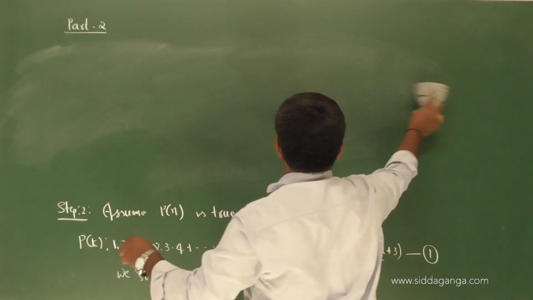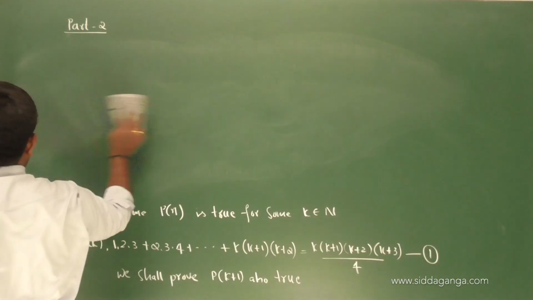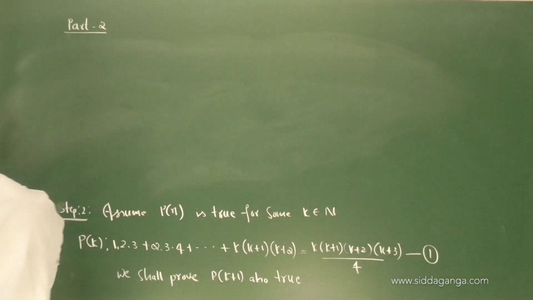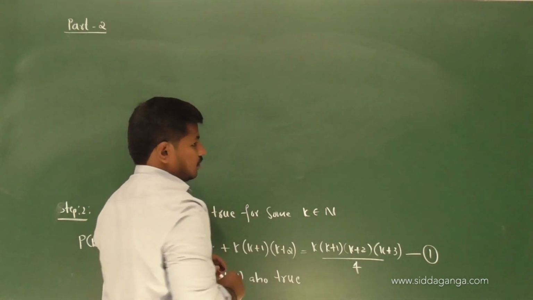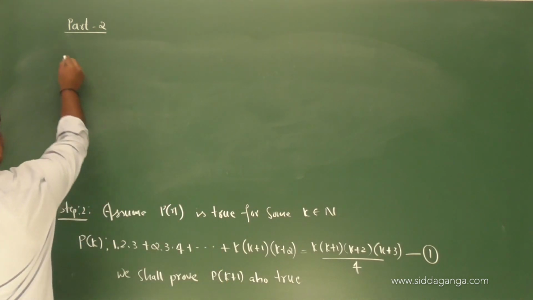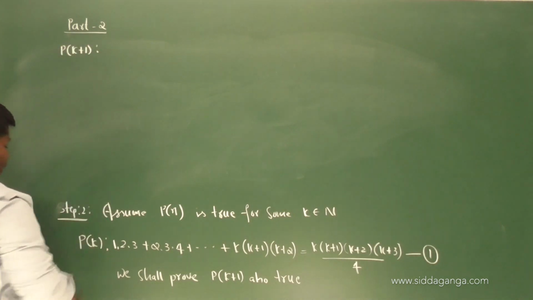What is P of k plus 1? Let's write that first, then it will be simple. P of k plus 1 is the important step, and this is to be proved now.